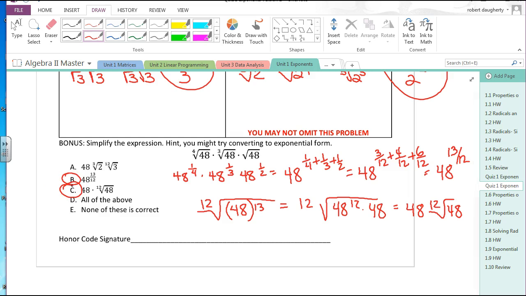Then I got to look and see, well, what about A? Is the teacher still trying to trick me on this? Can I simplify the 12th root of 48? Because you look at it, what's the difference between A and C? Well, instead of the 12th root of 48, you got cube root of 2 times 12th root of 3. So let's look at this. 48 times the 12th root of 48. Well, this is 48 times the 12th root of 3 times 16.